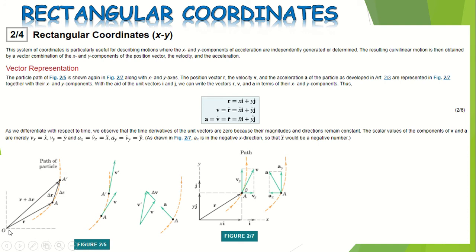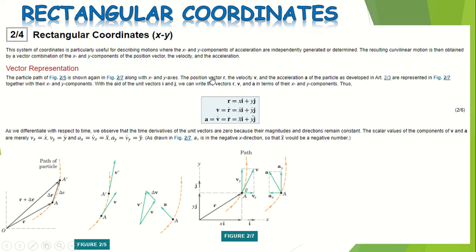So we have here the vector r, and we know that the velocity is always tangent to the path. So this is the path, and this is the velocity. All right, so the particle path of figure 2.5, which is this one, is shown again here in this illustration, along with x and y axes.